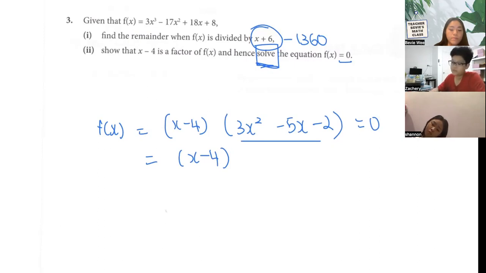So you get x equals 4 and then x equals 2 and then x equals -1. Very good. Shannon, you got it? Haven't.